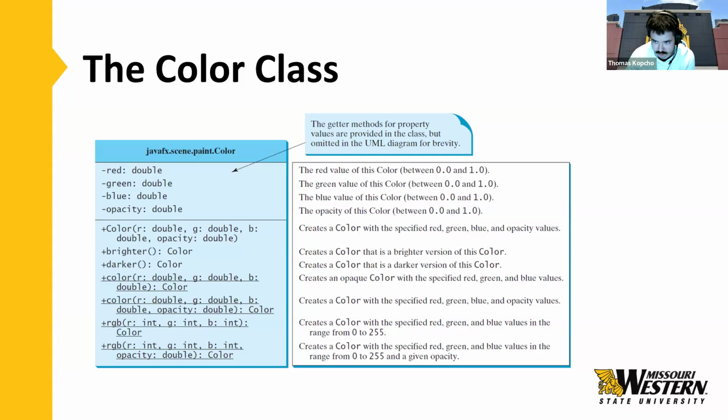So you have some constructors, right? The primary constructor is this right here. You can use Color.color where you can create a color basically, right?